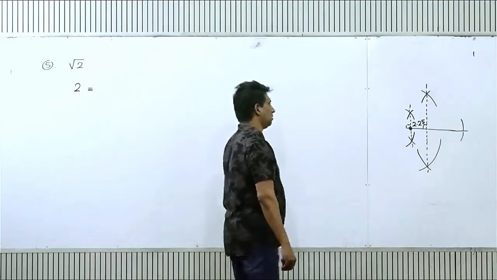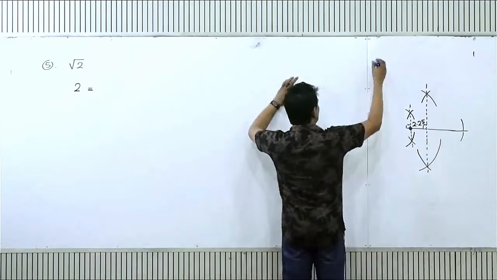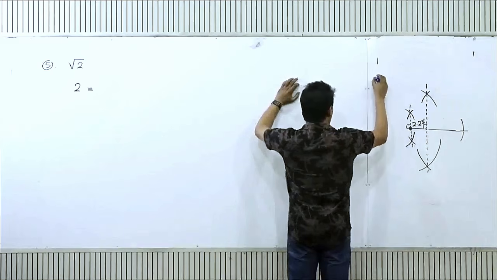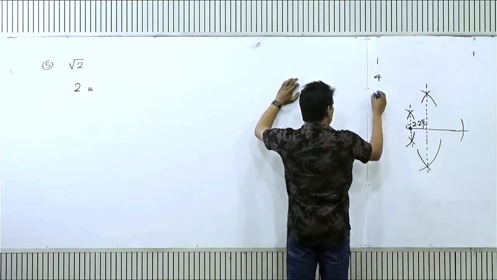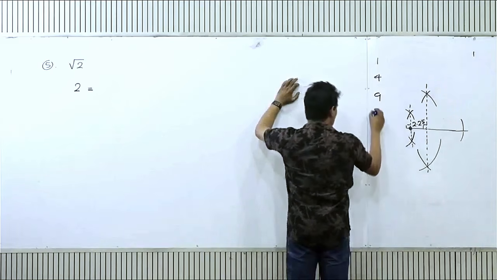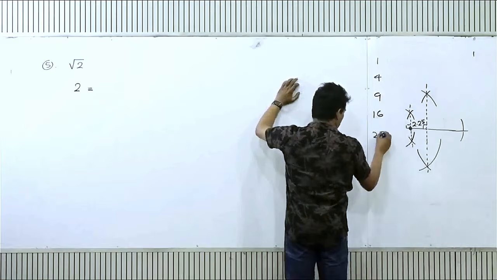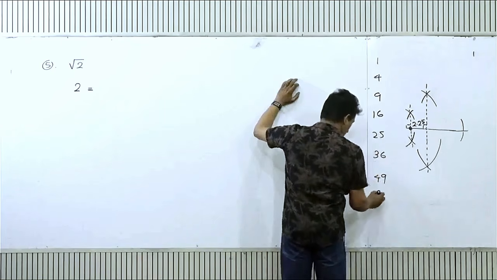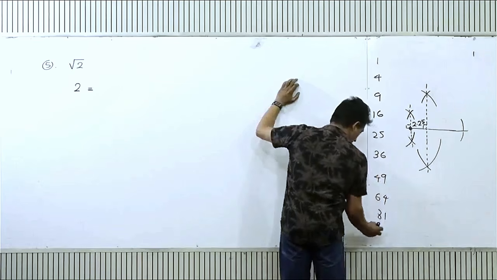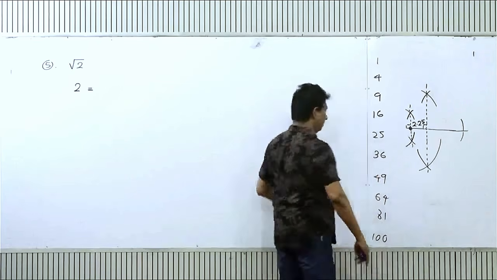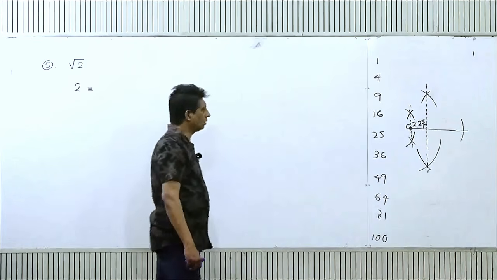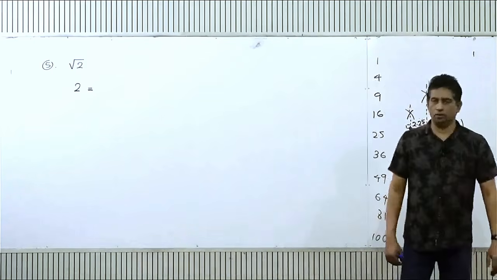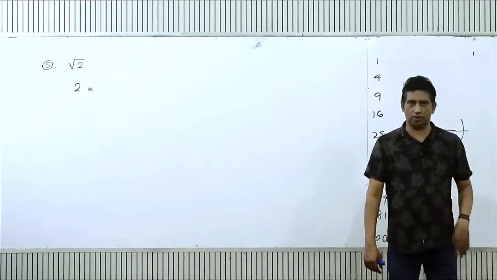What are the numbers whose square root we know? We know the square root of 1, no? We know the square root of 4. We know the square root of 9, 16, 25, 36, 49, right? Like that 64, 81, 100. Like that there are some integers whose square root we know straightforwardly.